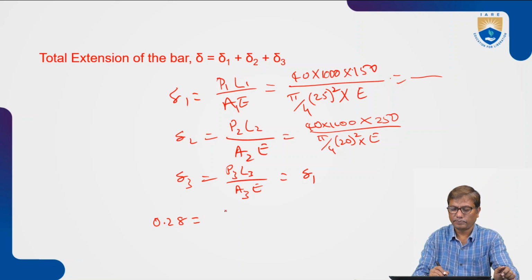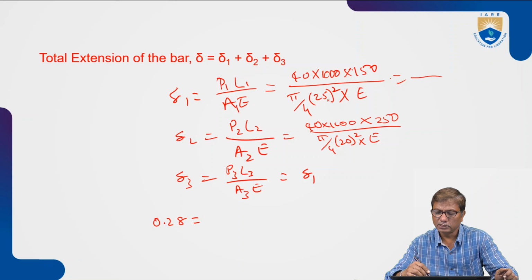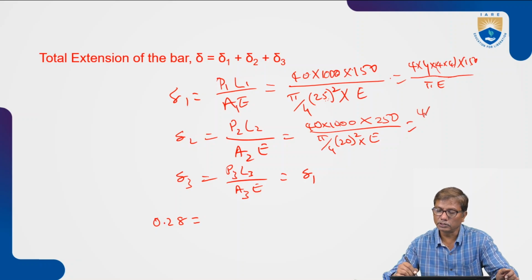So here 25 square here, so 4 into 4 into, you consider this as 40,000, 4 into 10,000 actually, divided by 25 square means 4 into 4 again, into 150 by pi E. Similarly here 4 into 4 and 10,000 by 20 square.